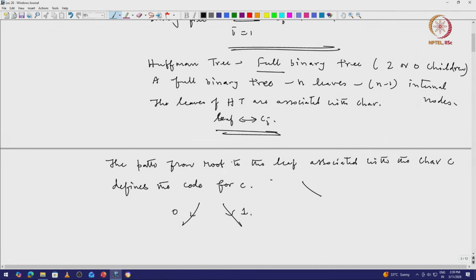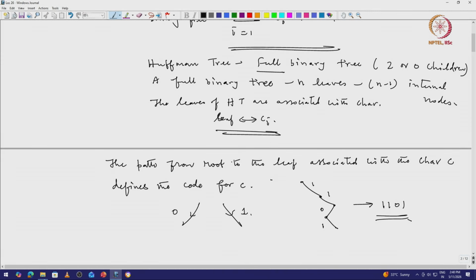Therefore, a path of this kind will define 1, 1, 0, 1. When you go from a node to the right child, the edge is associated with the bit 1, and when you go to the left, we associate 0 with such an edge.